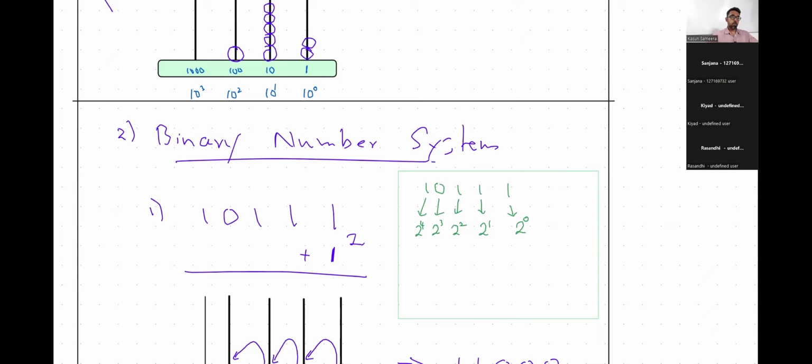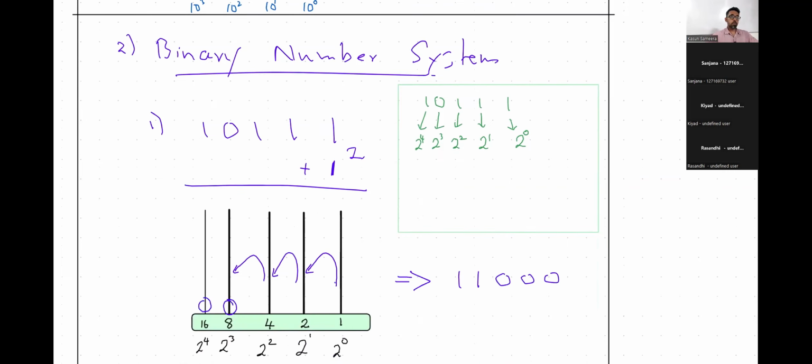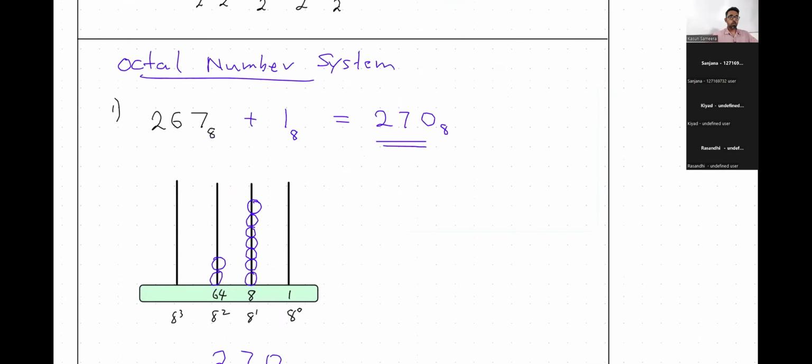Then how does this octal number represent? In a similar way, I'm going to take this number 2, 6, 7 base 8. These numbers represent the powers.